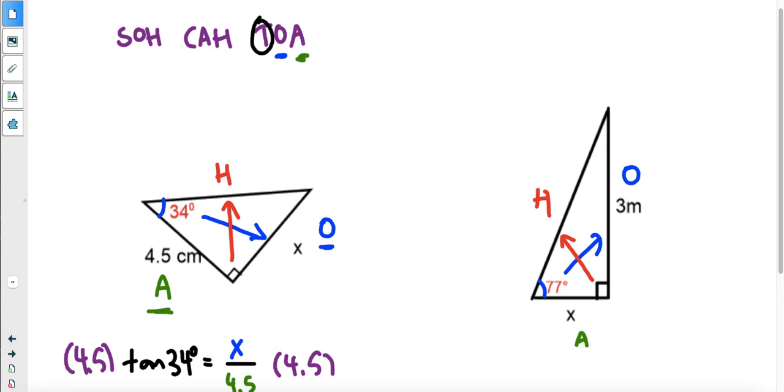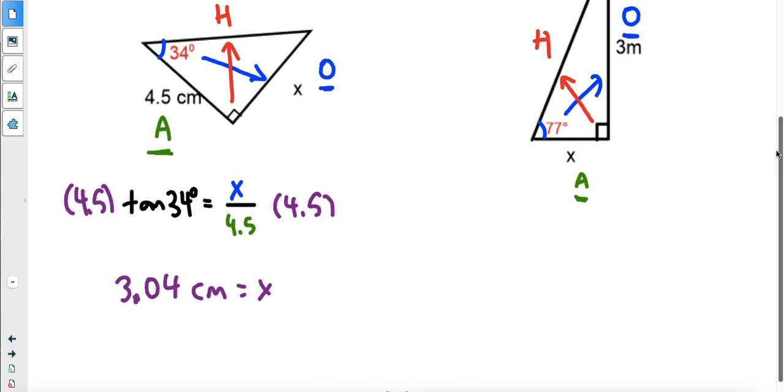So let's take a look again. We're going to use SOHCAHTOA to help us figure out whether we want to use sine, cosine, or tan. Well, let's take a look. I have my opposite side, and I'm trying to find my adjacent side. So just like before, I'm going to use T, tan. Let's go ahead and do that.